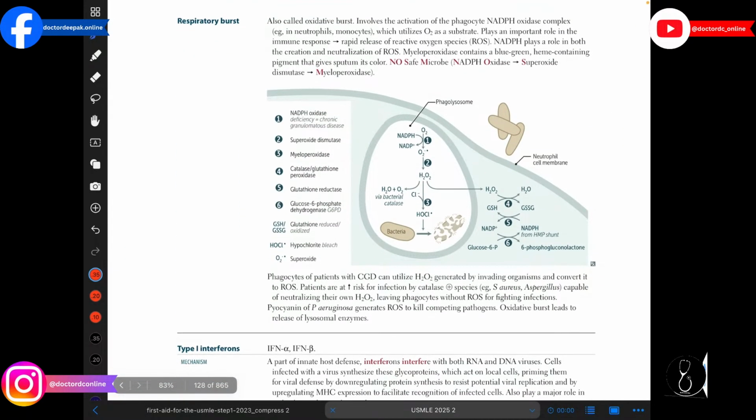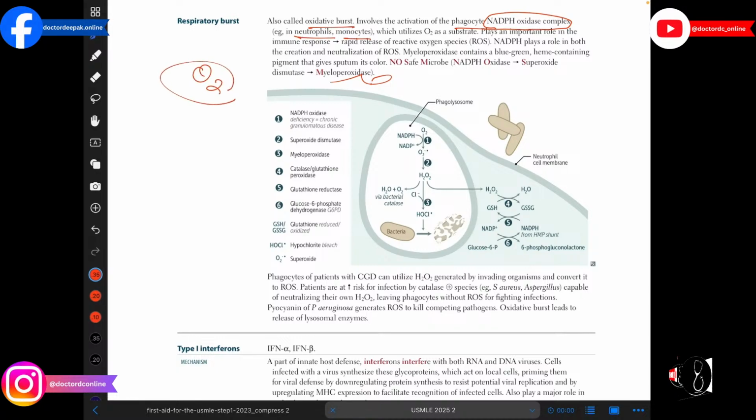Now we are going to have a topic of the respiratory burst process. It is a mechanism of killing pathogens. It's also called the oxidative process, which involves the activation of phagocyte NADPH oxidase complex in neutrophils and monocytes, and they use oxygen as a substrate.